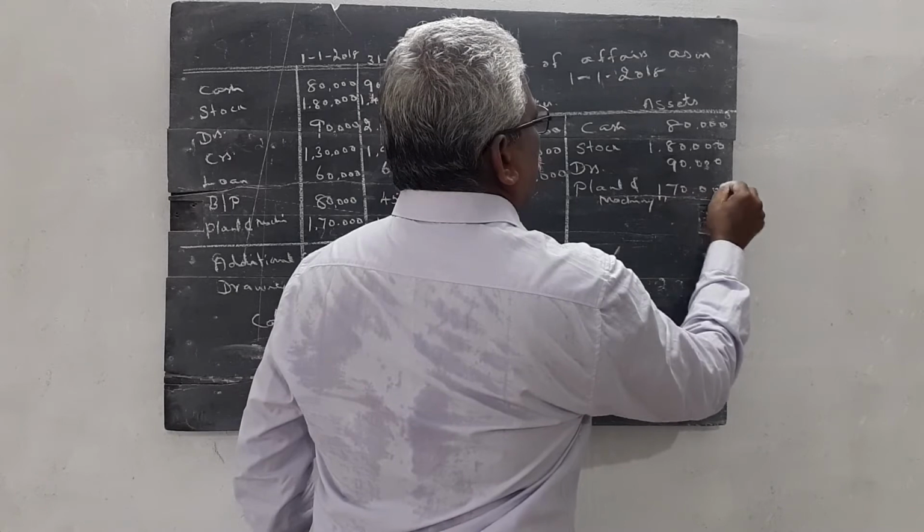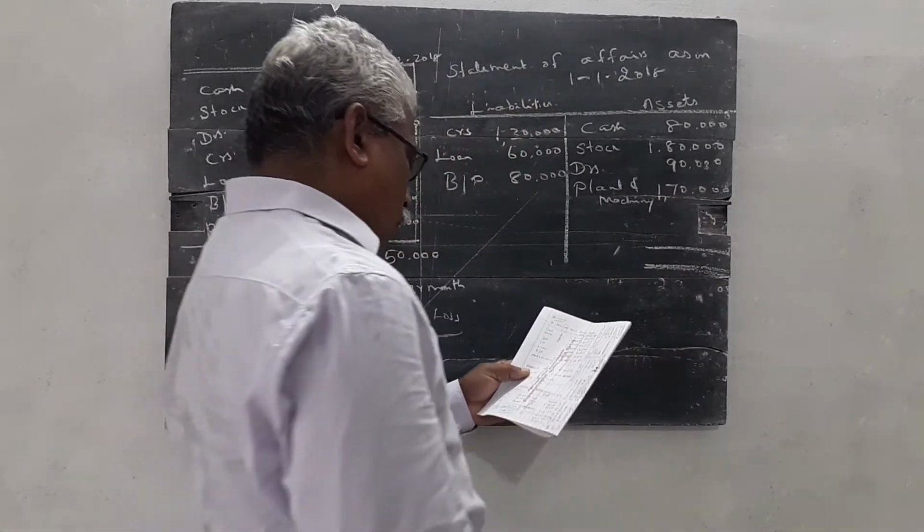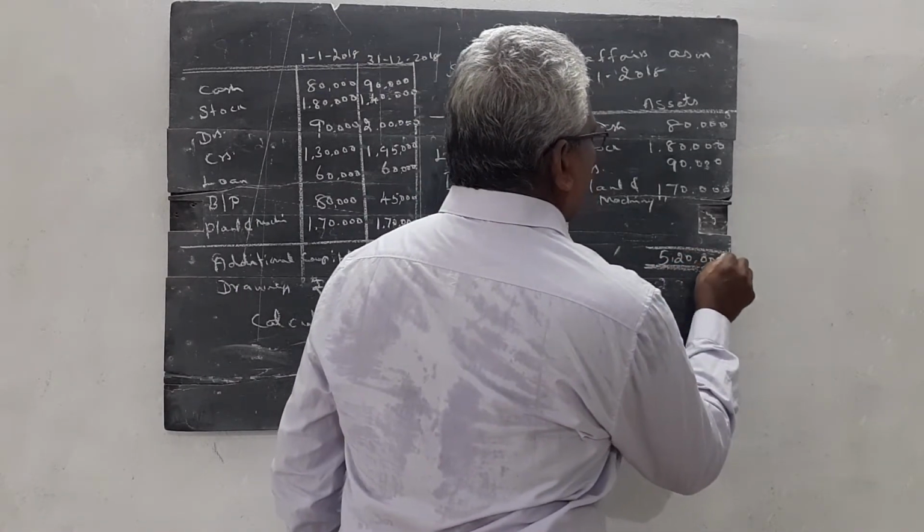Plant and machinery 1,70,000. If you total it, we will get 5,20,000. This side total is 5,20,000.